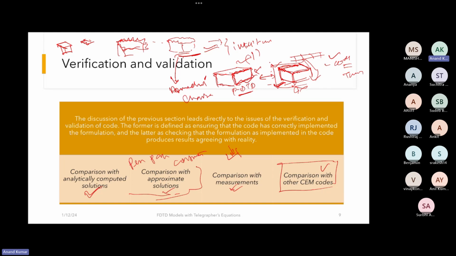You can try to simulate a patch antenna, and the quickest way to verify if your code works is to put it in CST or HFSS and match your results, because you know that these are standard solvers, they are robust, and they have been tested by their developers, so they will give you correct results if you have put in the correct values. So you can verify your code with the standard solvers and see if your code is working fine.